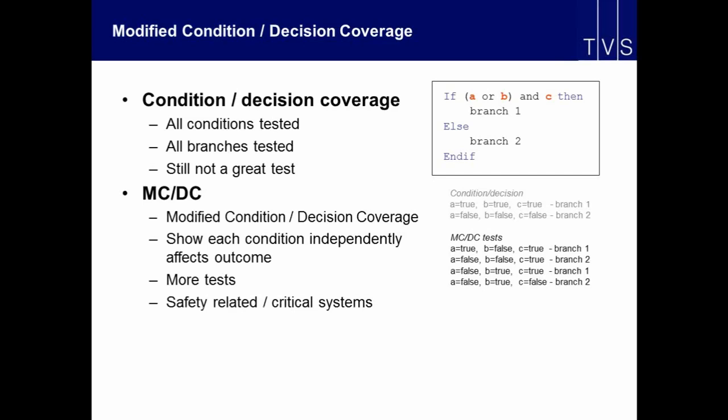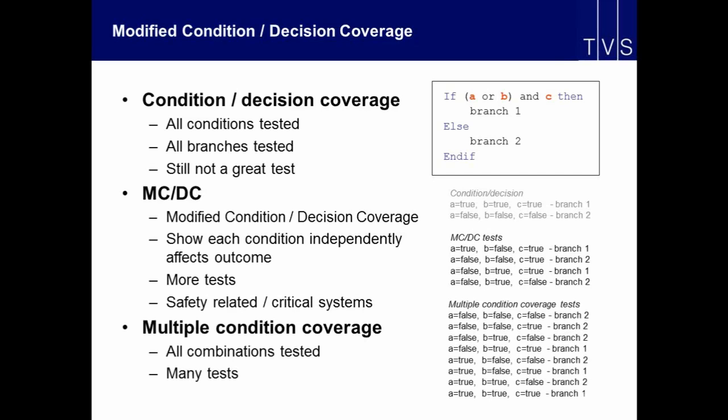This is particularly required in most safety-related and critical systems. You can go further. You can test all possible combinations of A, B, and C. That's generally called multiple condition coverage. Obviously, it's quite rigorous, but it's a lot more work, and arguably the additional work is not worth the benefit.